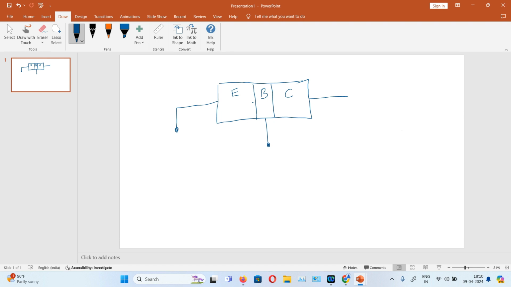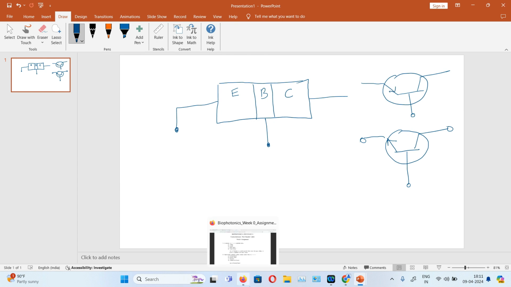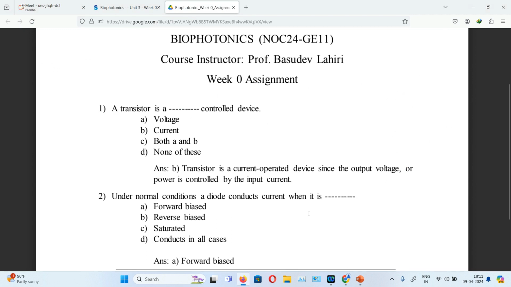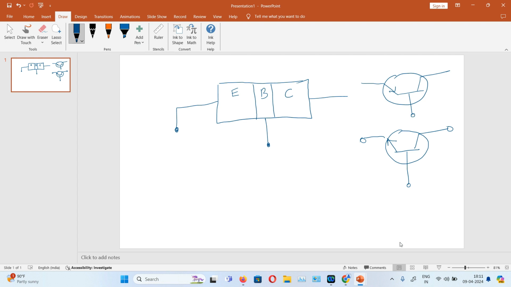So these are the circuit representation, and this is a block diagram.